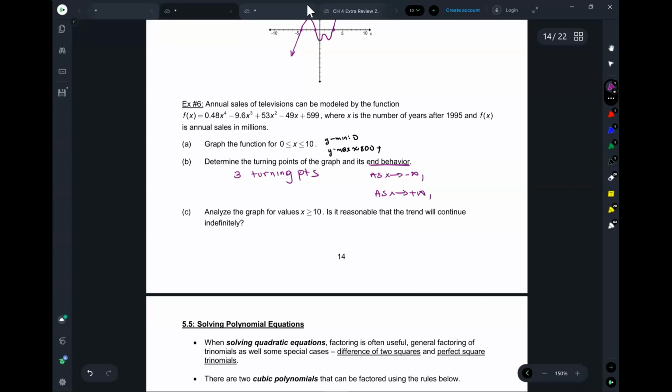For that, we can't go to the window because the window only goes from 0 to 10. We want x to go to infinity and negative infinity. So where are we going to look? At the x to the 4, the leading term. It's even and positive, so both ends will face up. So f of x will go to positive infinity for both of them.